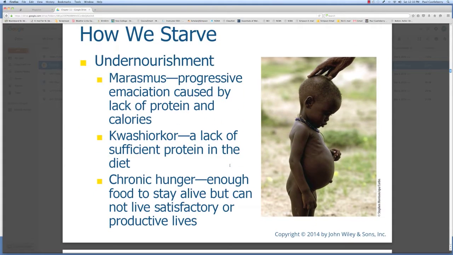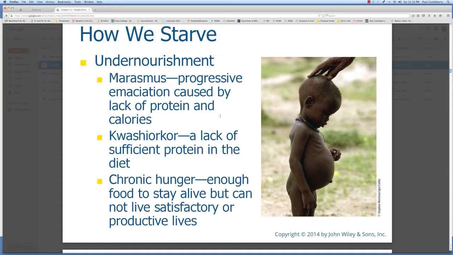So there are a couple of terms here in terms of undernourishment. Marasmus, which is basically emaciation. You see the bone structure, the skeletal structure of the person. They're literally wasting away, and that's caused by the lack of protein and calories.